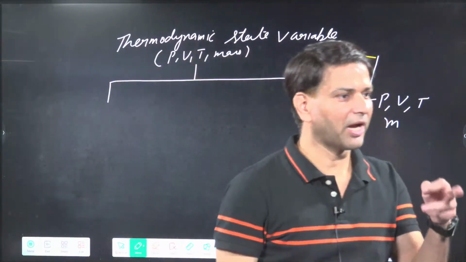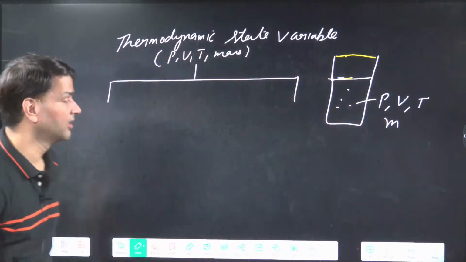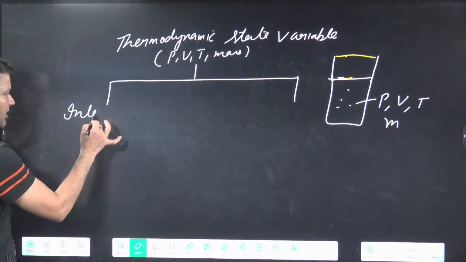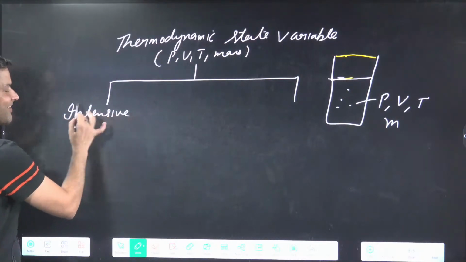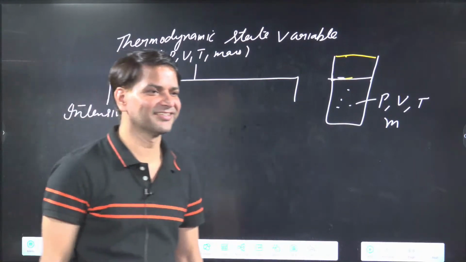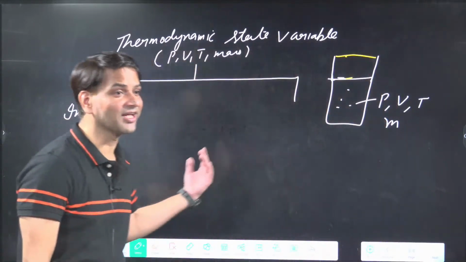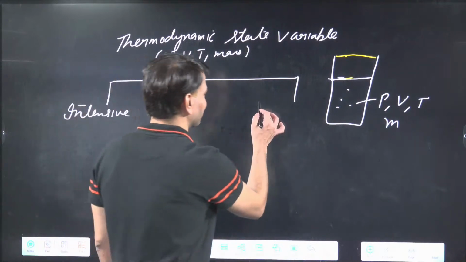Okay, one type I will write, the other type you will say. So state variables we can divide into two types. One is intensive. So what is the other? Extensive. Okay, so one is intensive, the other is extensive.